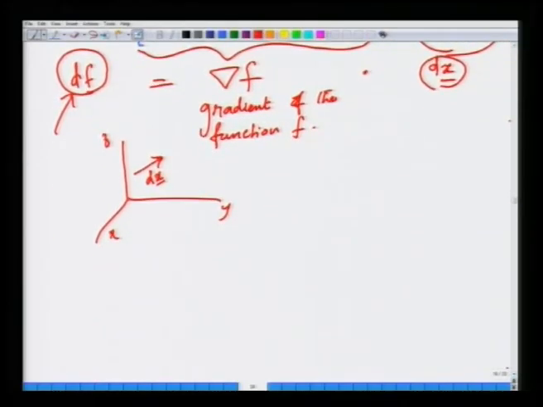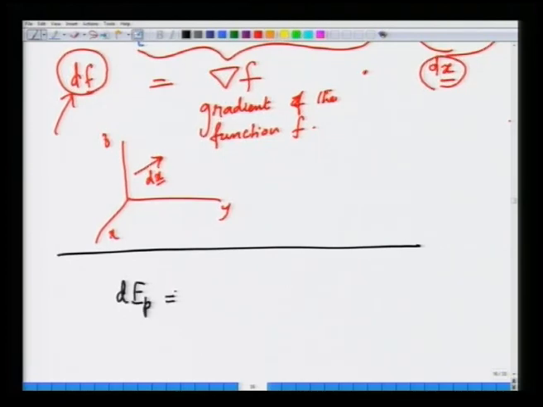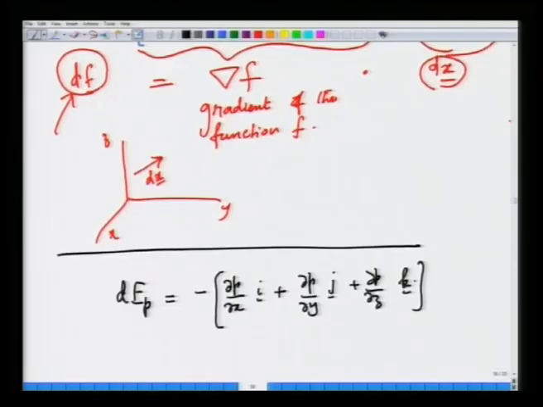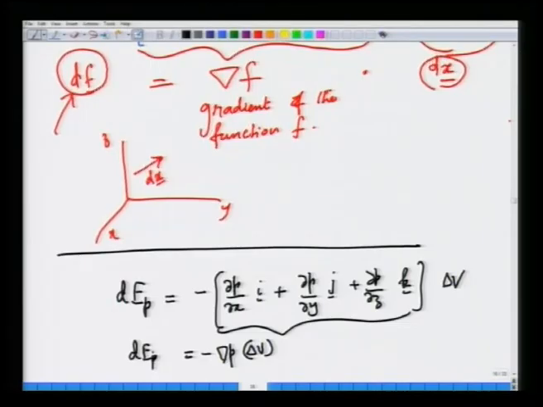So, going back to static fluids, the expression that we derived is that the force acting on a fluid element is minus partial p partial x i plus partial p partial y j plus partial p partial z k times delta v. This is nothing but minus grad p times delta v, dFp.